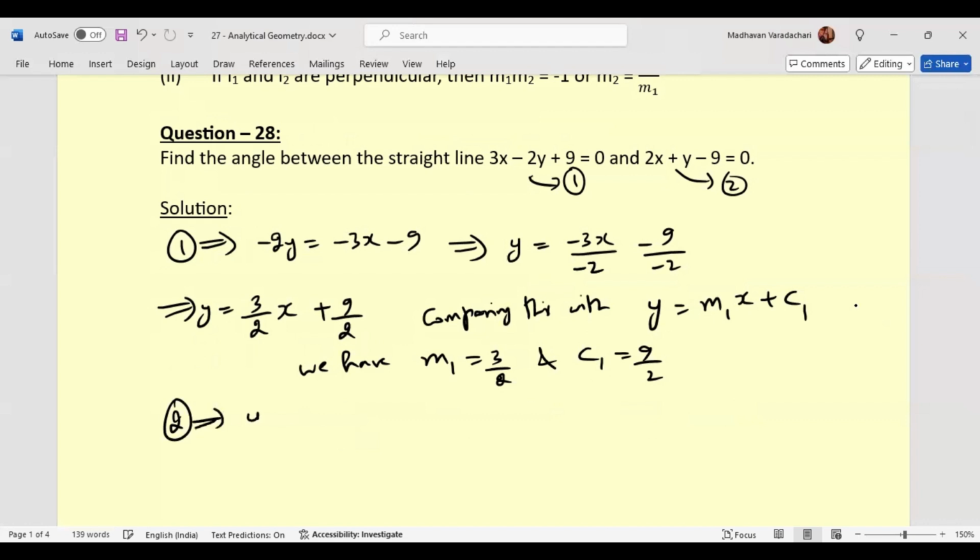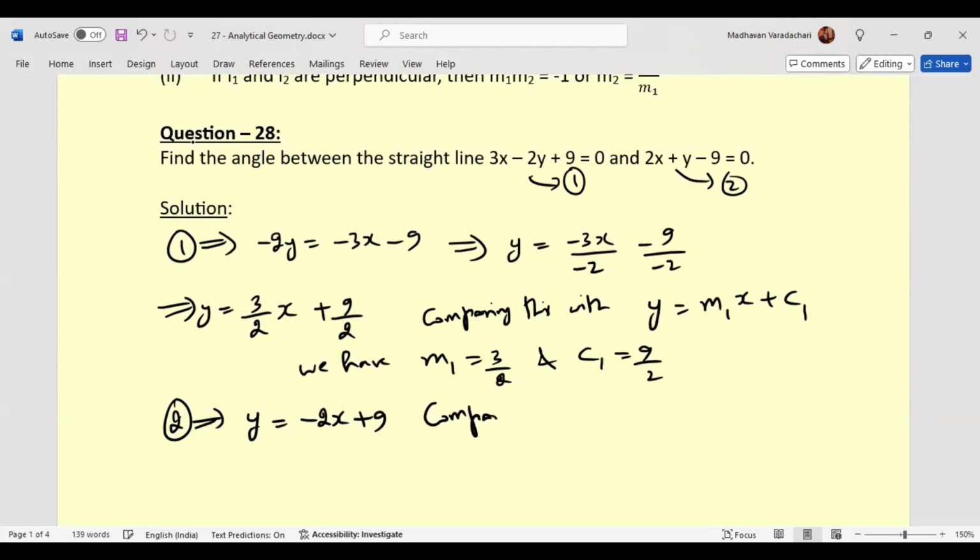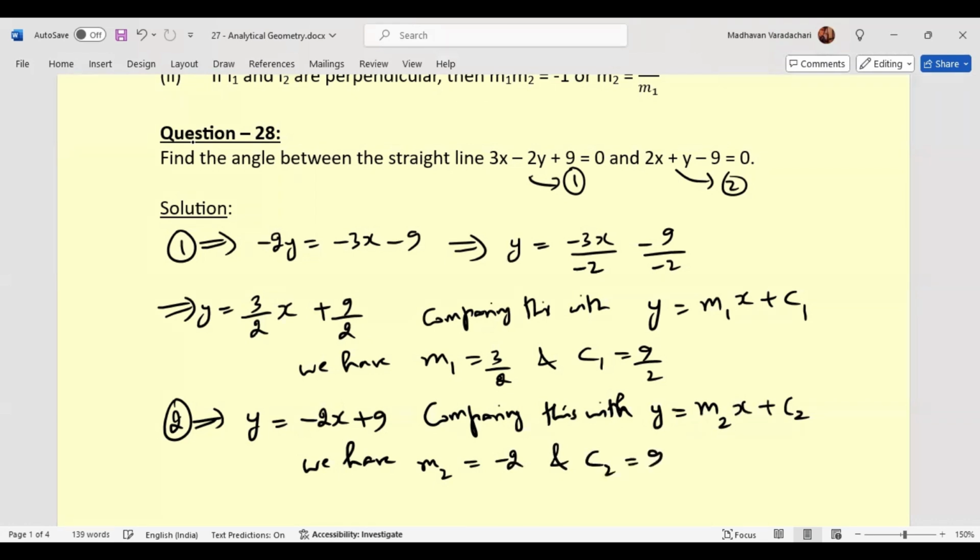We can rewrite it as y is equal to minus 2x plus 9, which means comparing this with the general form, which is y is equal to, let me consider it as m2x plus c2, we have m2 is equal to minus 2 and c2 is equal to 9.